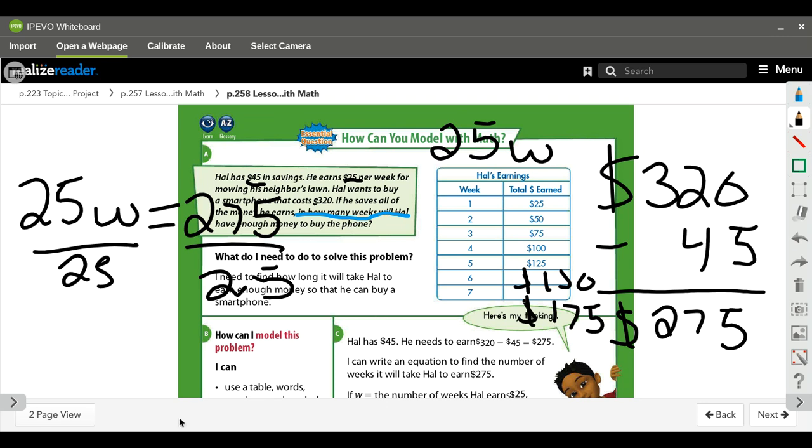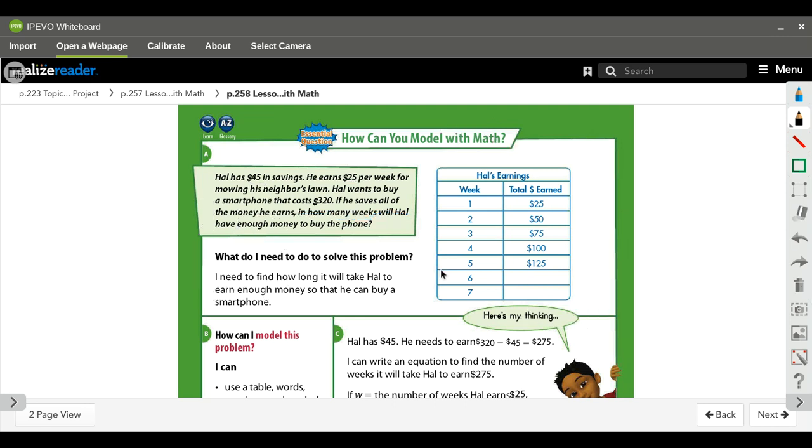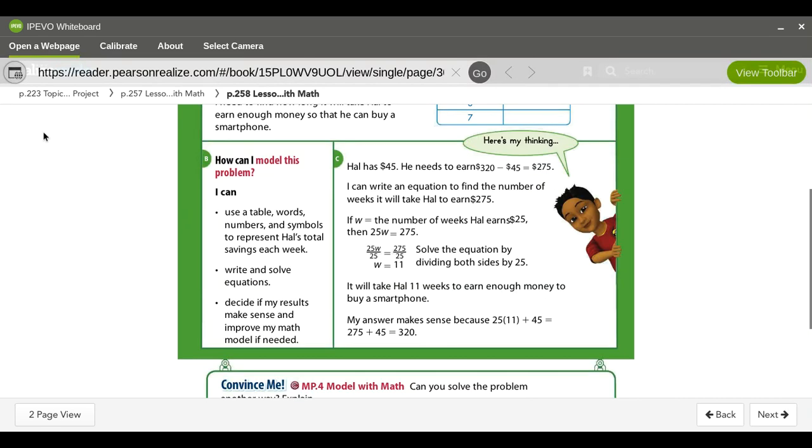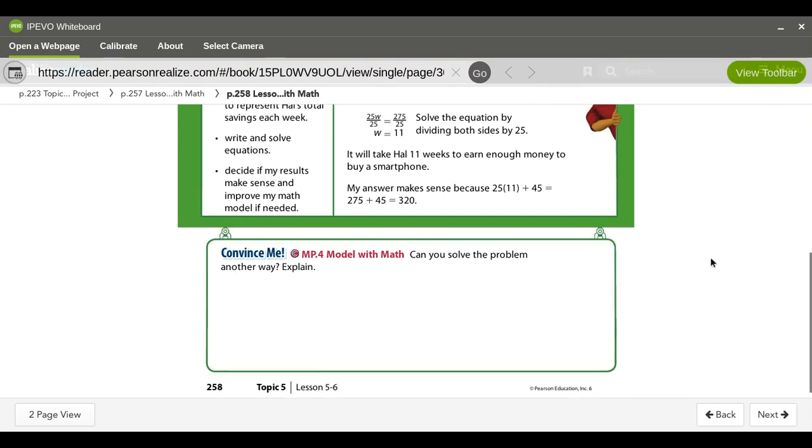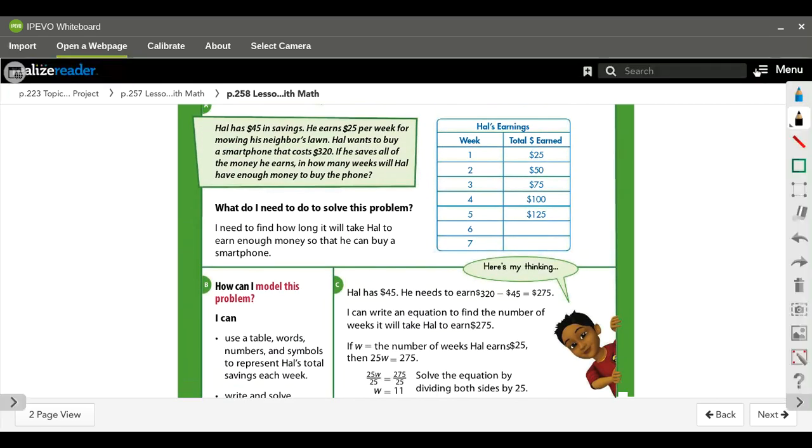I don't know what 275 divided by 25 is. So I'm going to go ahead and set it up. Let me clear some of this out and go to where I have some room to work. So I'm going to set it up to where I'm going to do 275 divided by 25.